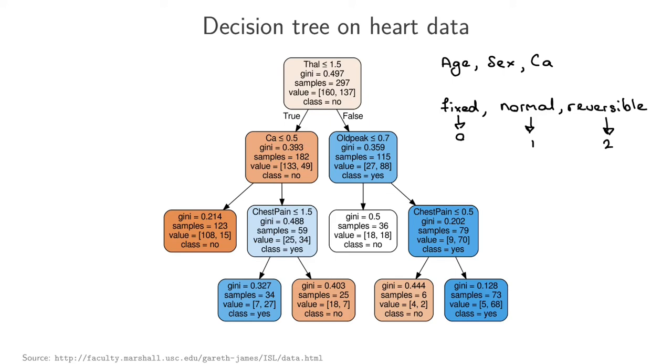All the patients on this side of the tree will have fixed or normal thallium tests, whereas all of the patients on this side have reversible outcomes for their thallium tests. Now, I actually have no idea what it means to have a fixed, a normal, or a reversible outcome, but to a doctor, maybe that would make sense.